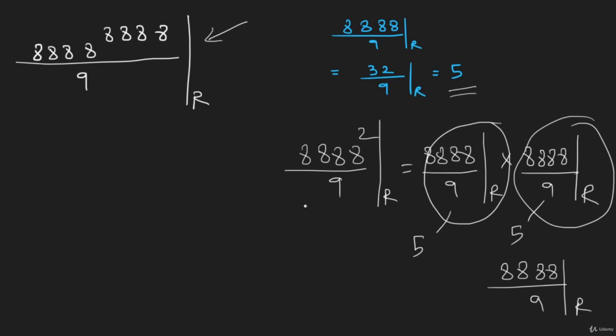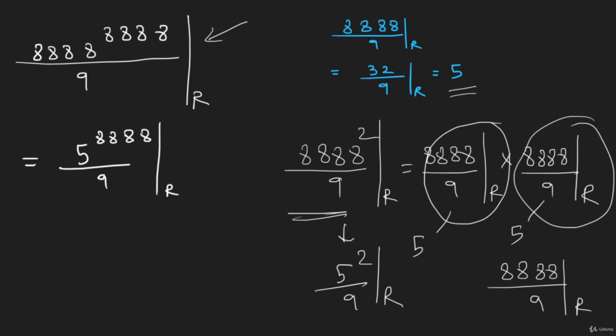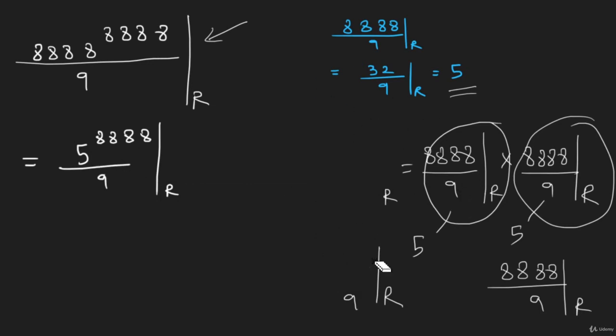So if this was the expression, that would have been 5 square by 9 remainder. Now over here you have the power 8888, therefore this simplifies to 5 to the power 8888, and then because this value is greater than 9, you have to divide this by 9 and find the remainder.